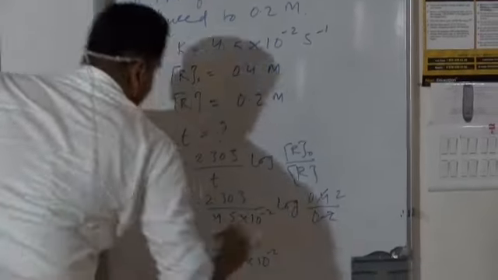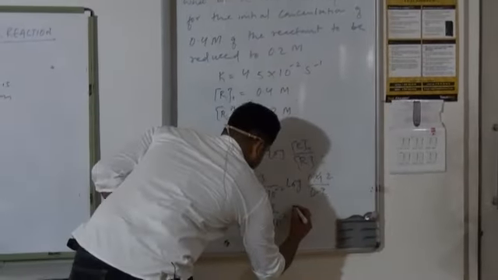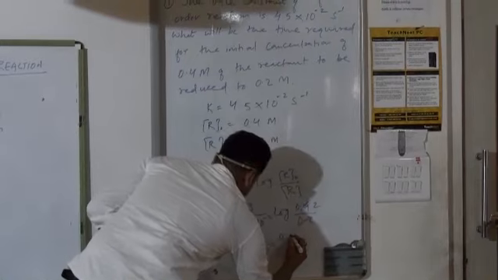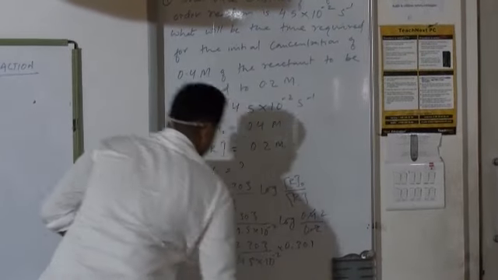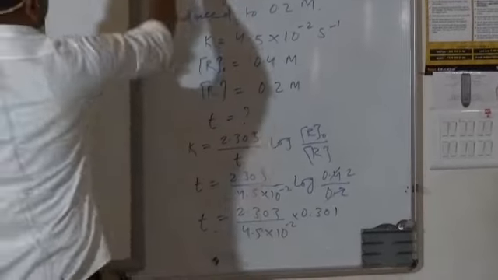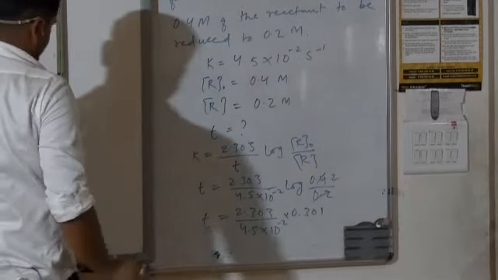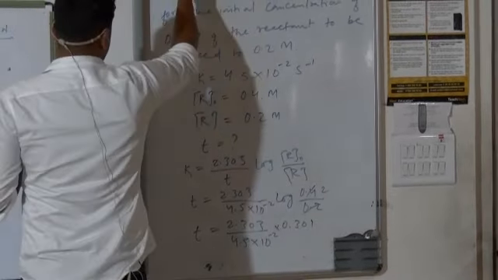So what is the value of log 2? We have already used the value of log 2, that is 0.301. If you multiply this, then you will get the result.